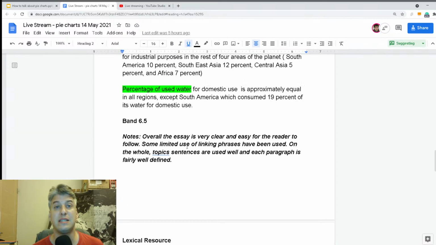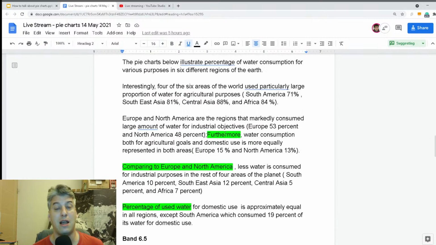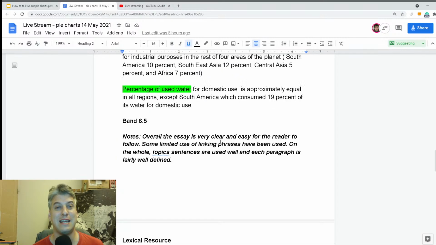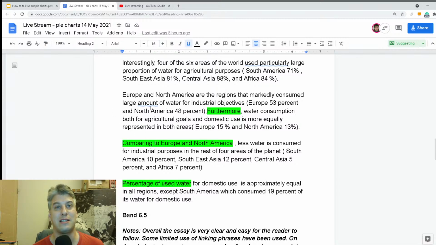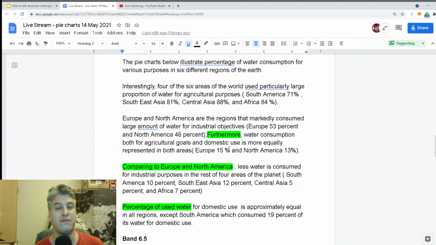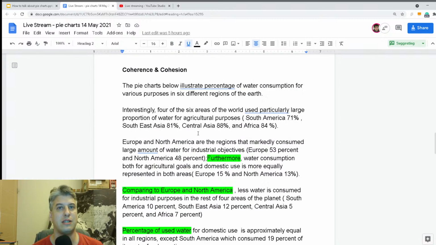There's some quite limited use of linking phrases. Furthermore is really the only one I could find, and I like the topic sentences, as I mentioned before. This made it very easy to follow. So the student did okay here, but they could do much better.